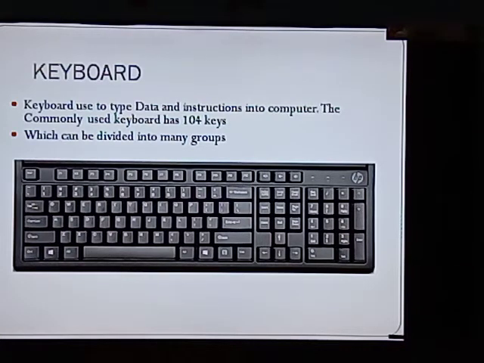Alpha keys, alpha numerical keys, special keys, and there are different kinds of shortcut keys which are called function keys. So these are the types of keys in the keyboard. Keyboard is basically used for typing the text or giving any kind of command. Now let us go to the next slide to learn the next part of computer.